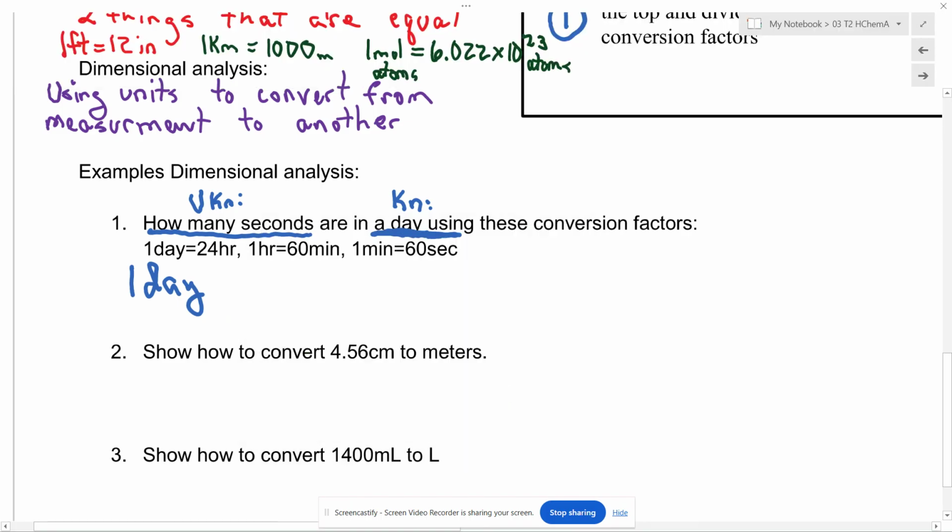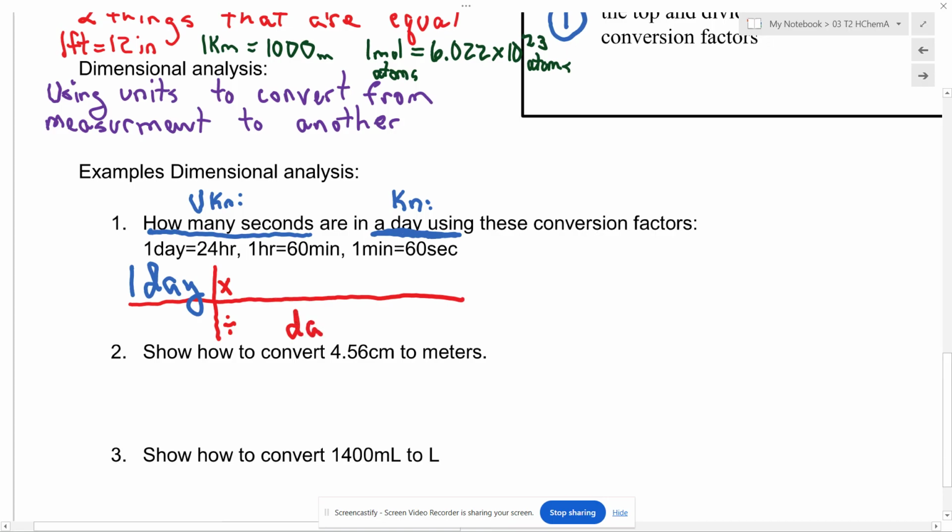Then you're going to use a series of conversion factors to change that. I'm going to use a line like this and lines like this. Everything upstairs in the numerator we're going to multiply, and everything down below we're just going to divide. So I want day to cancel.